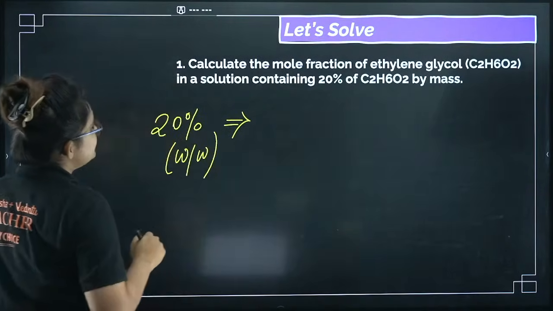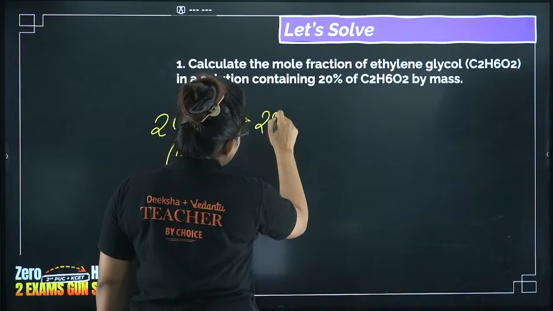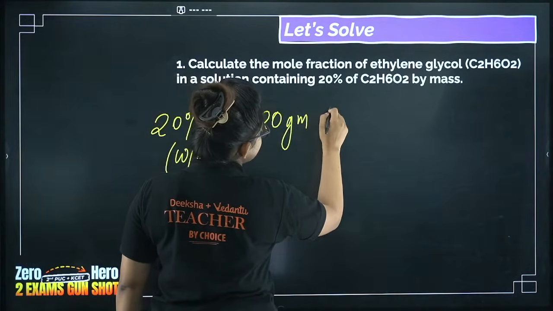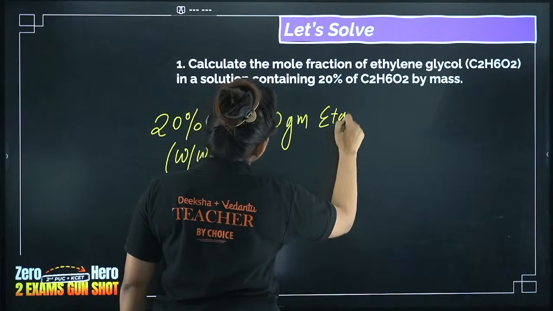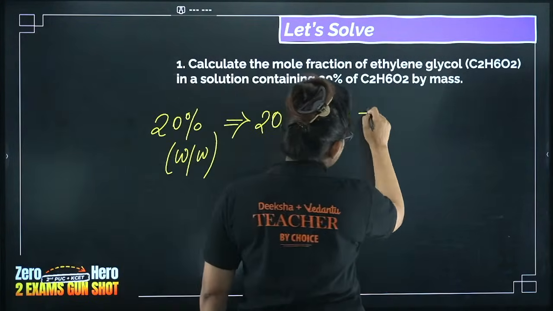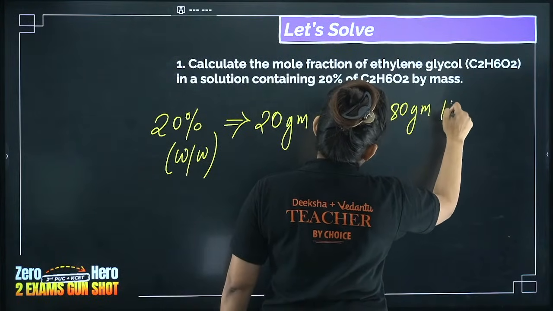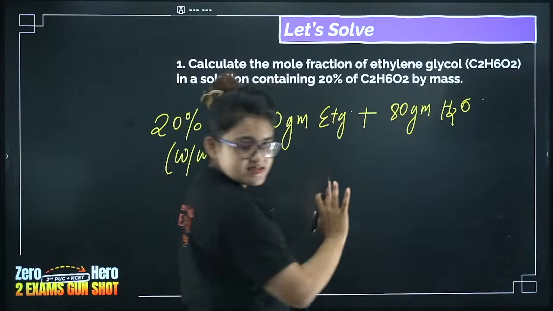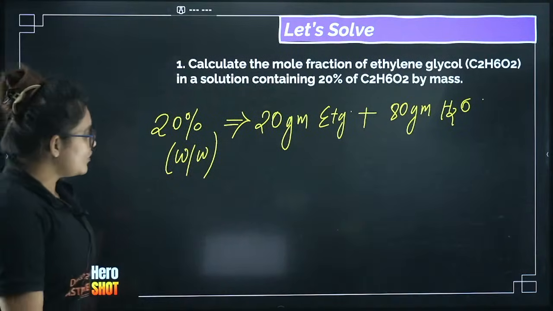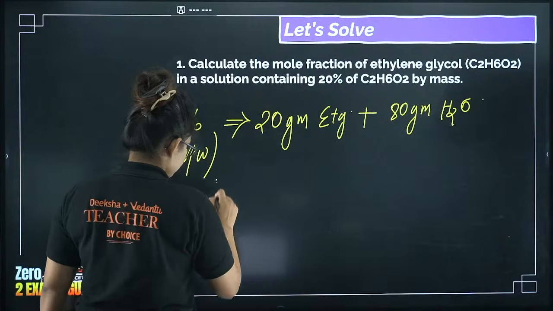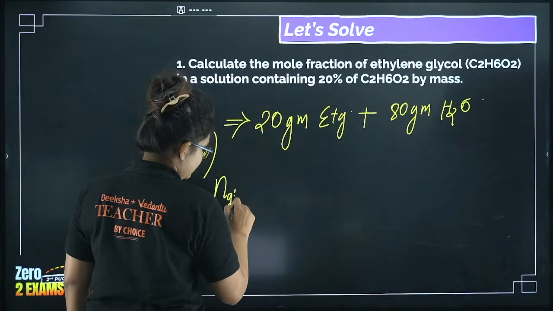Weight by weight indicates I am having 20 gram of ethylene glycol, I'm just writing ETG, plus 80 gram of water. By default, it is said. So now what I can find out is the number of moles of glycol.